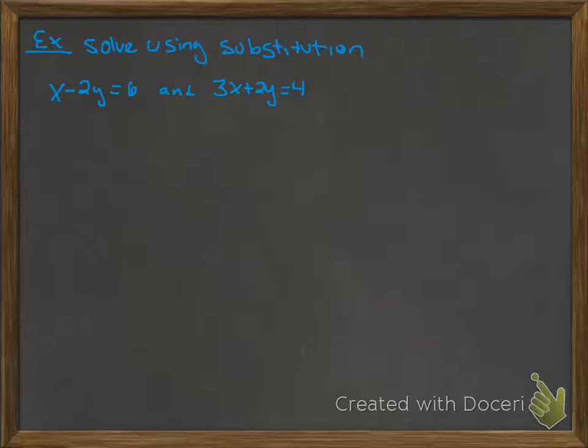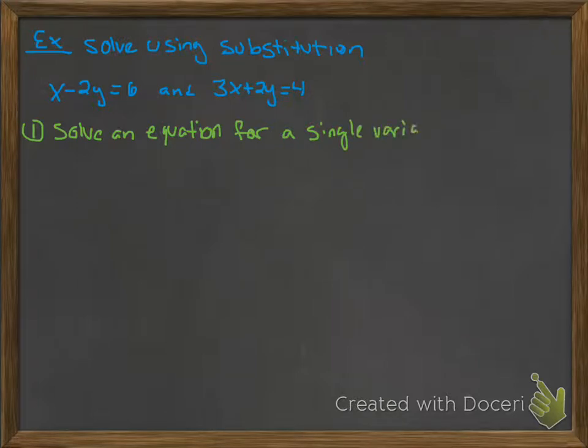So we're going to do this one again. Solve by using substitution. Notice here that neither one of them are solved for a single variable. So my first step is to solve an equation for a single variable.